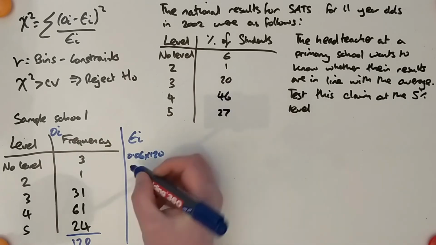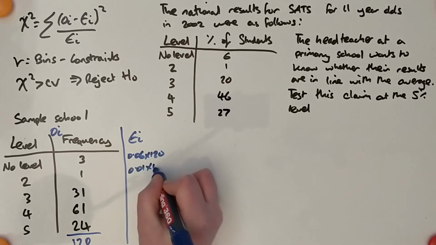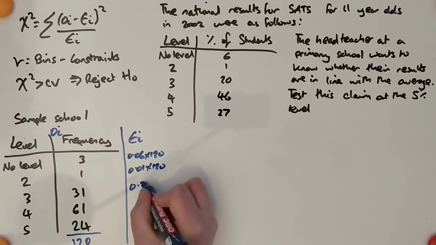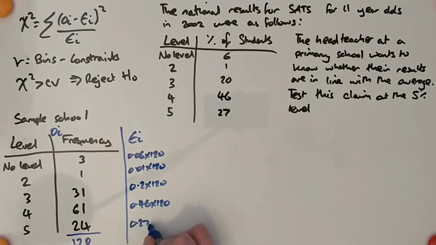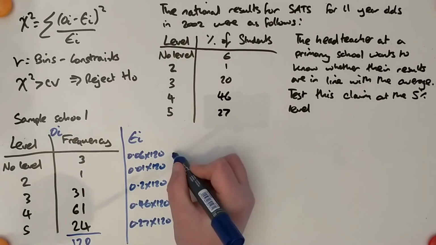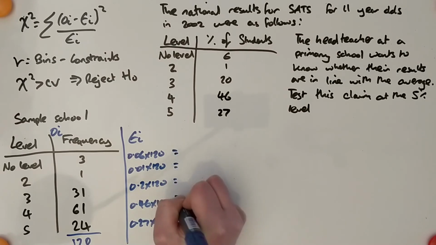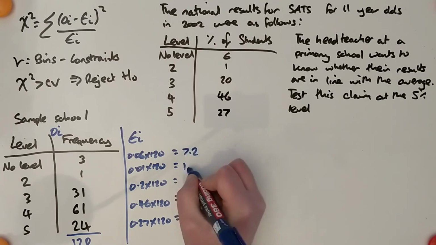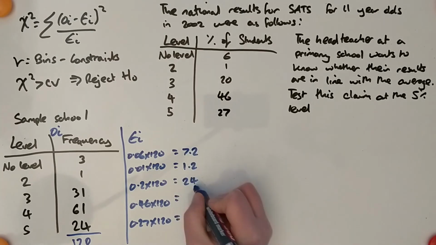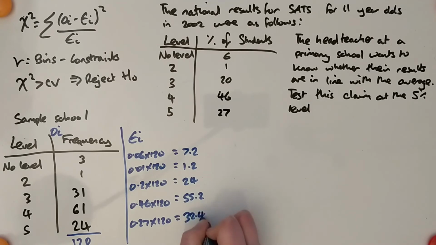This one would be 0.01 times 120. 0.2 times 120, 0.46 times 120, 0.27 times 120. Okay, we get 7.2, 1.2, 24, 55.2, and 32.4.